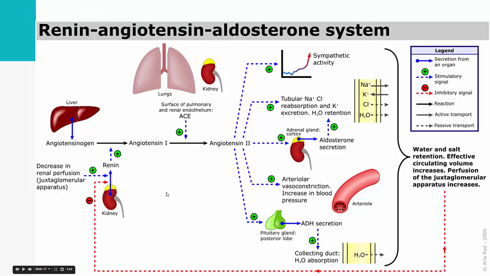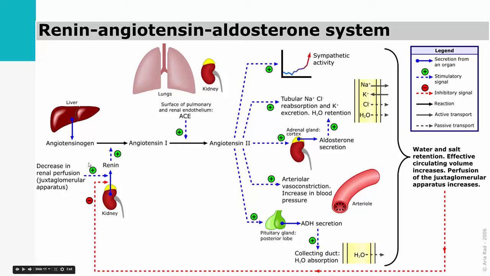The bottom line for all of this is the kidney is able to sense a decrease in renal perfusion. What I mean by renal perfusion is that, for whatever reason, the blood pressure has dropped. The kidney doesn't like the blood pressure dropping, because then it's not able to filter as efficiently as it had previously. So in response to the drop in blood pressure, the kidney releases renin.